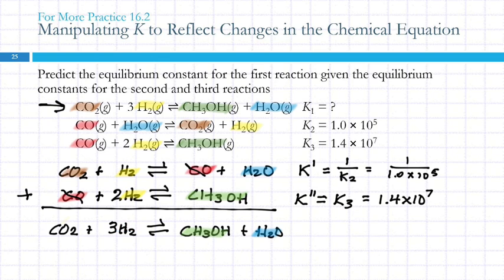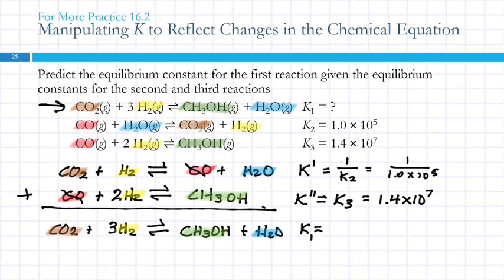I swear I hit the yellow. Okay, then, when we add them, this is now K1 that we were looking for, right?